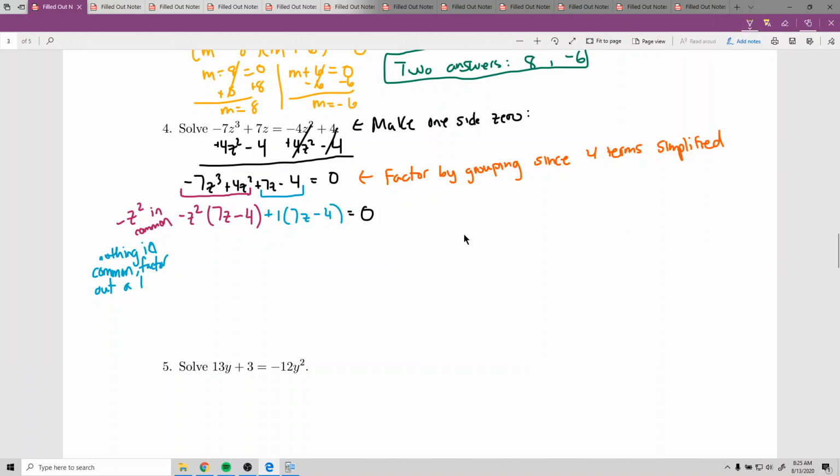Right, so remember, the reason we factor by grouping when this kind of thing pops up is the insides are the same factor. Now we factor out the common, in this problem, 7Z minus 4.